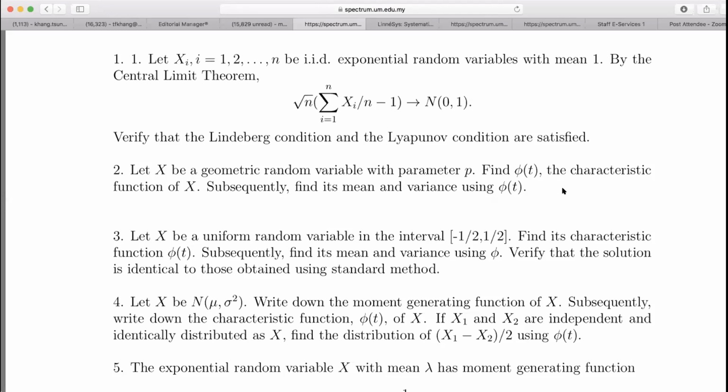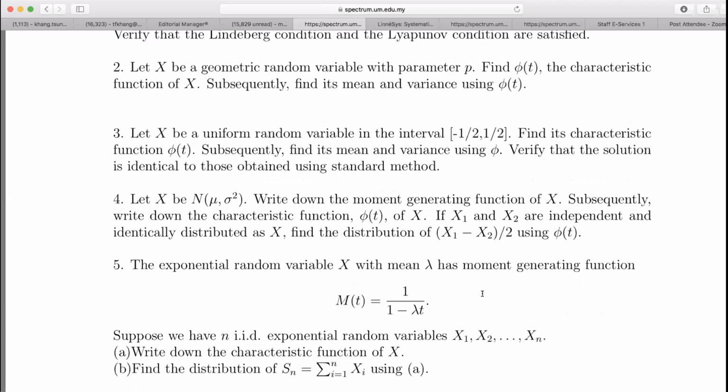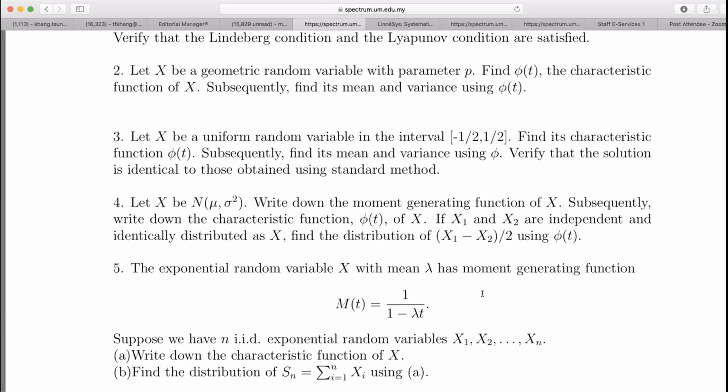Once we get the volunteers, we finish off. Eugene, question 4. Okay. Last question.